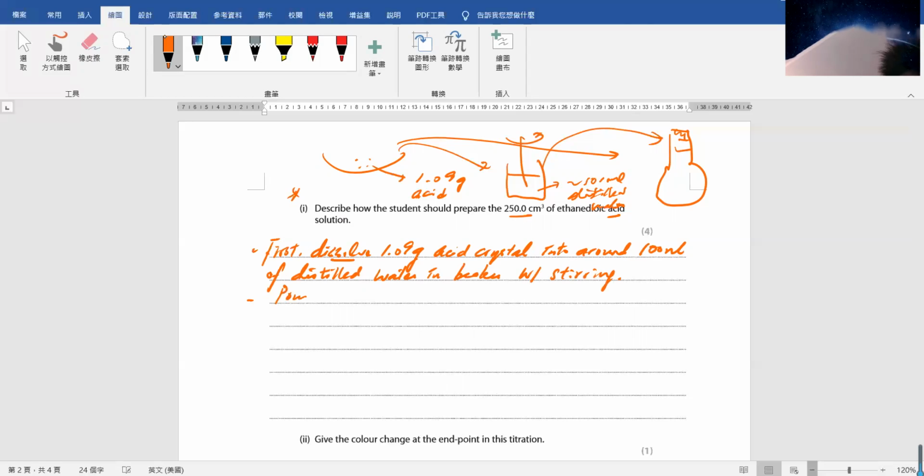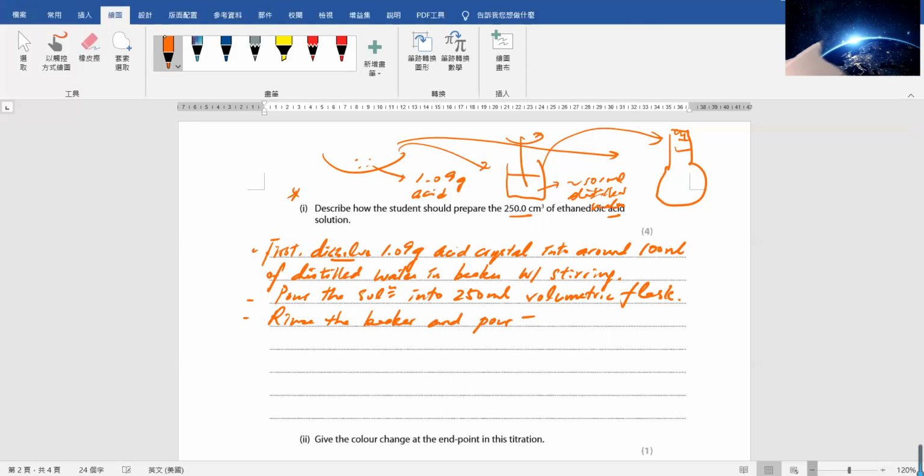Then pour the solution into 250 ml volumetric flask. Remember to spell it correctly in the exam. Then rinse the beaker and pour the rinsing into the volumetric flask as well.